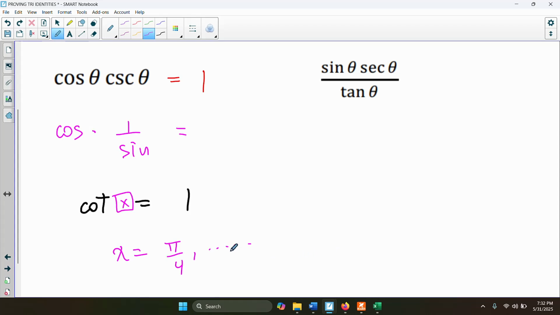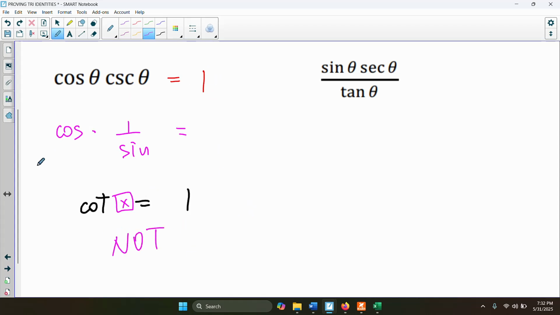Yes, x could be pi over 4 and a variation of it, like 5 pi over 4, and so on. But that's not the point. The goal here is, even if I don't understand it, is cotangent of x equal to 1? No, that's a false statement, so this is not an identity.